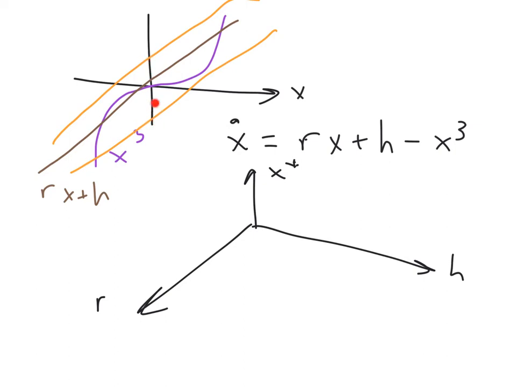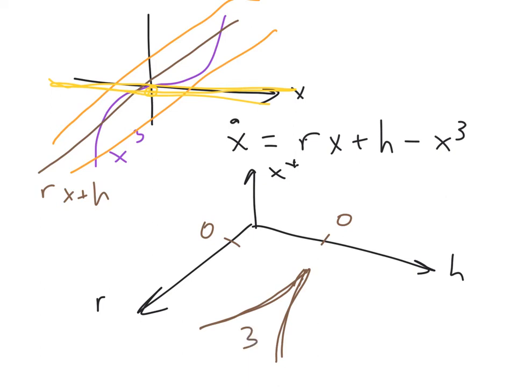When h is too large or too small for some value of r, we don't expect to have the 3 fixed points anymore. And in this particular picture, if r gets too small, then we only have 1 fixed point, only 1 intersection occurs. And so the region of the space where we have 3 fixed points looks like this. In this region, we'll have 3 fixed points, and everywhere else we expect to have 1 fixed point.